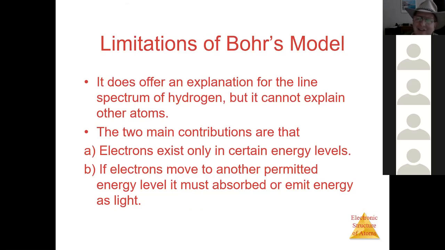But the main thing is it did bring into focus the ideas that electrons can only exist in certain energy levels. And if they move to another permitted energy level, it must absorb or emit a certain packet of energy, so that there are certain energy limits between the orbitals.